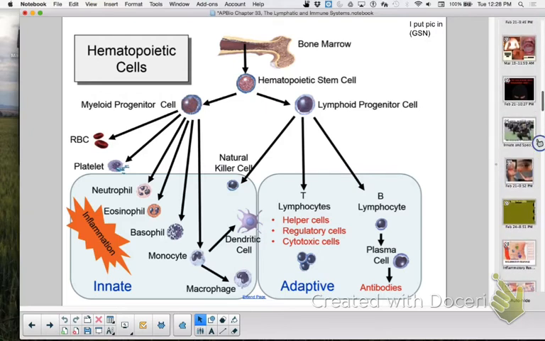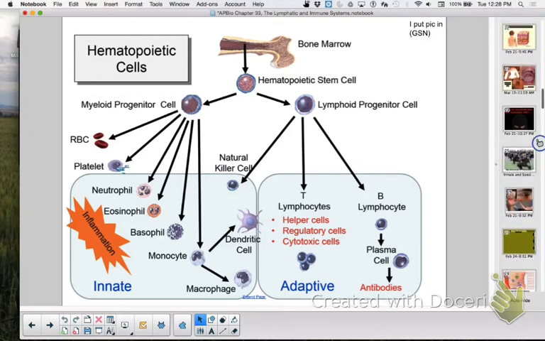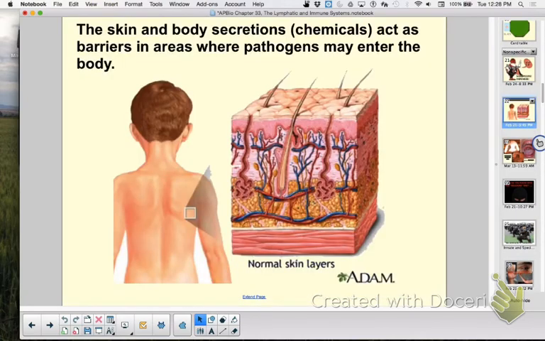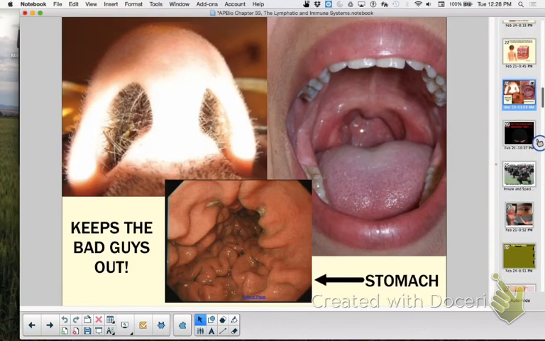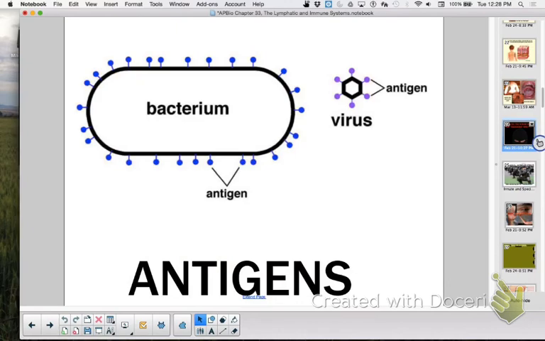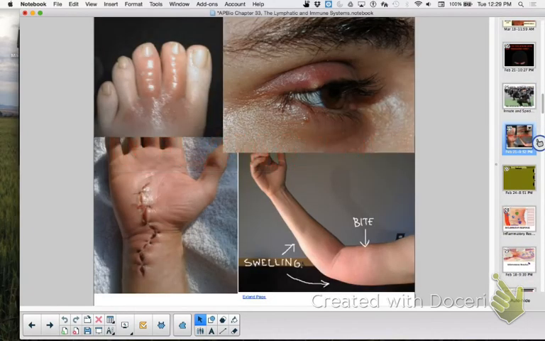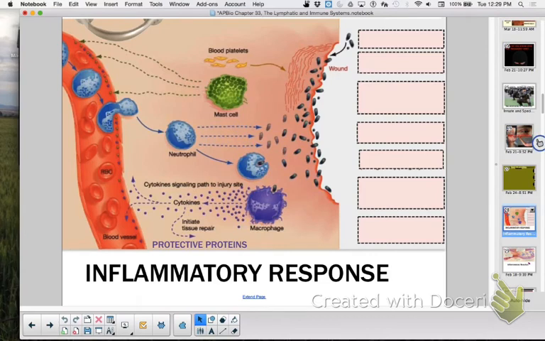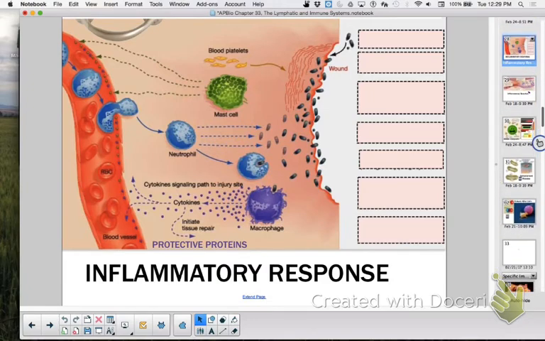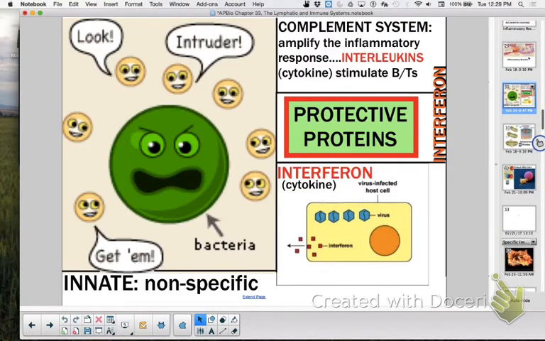I want to make sure you review barriers, and then make sure you remember what antigens are. Make sure you understand the inflammatory response, and the role of each of them in that process. Make sure you understand complement proteins and what they do, and about drilling holes.